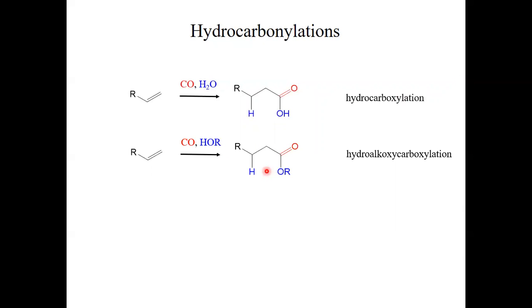This would be a method to produce esters from alkenes. It's also called hydrocarboxylation. It's also possible to use amines in combination with CO, and that is a synthetic route to form amides, and the respective reaction is then called a hydroamidocarbonylation.